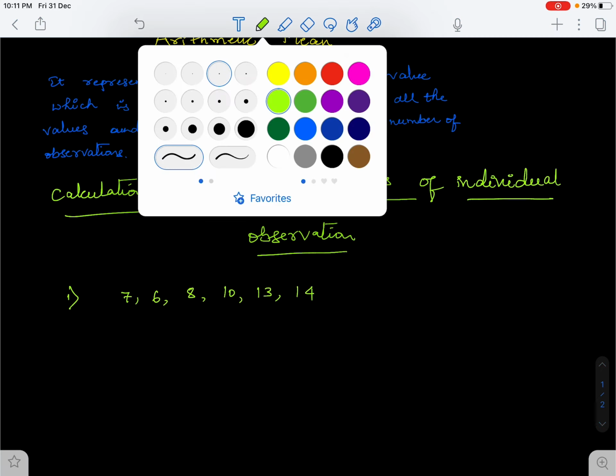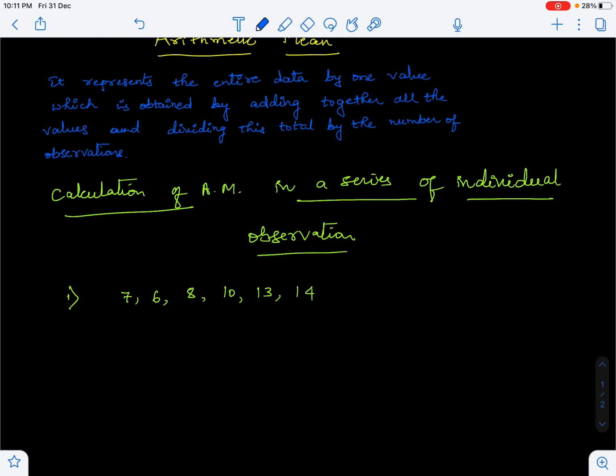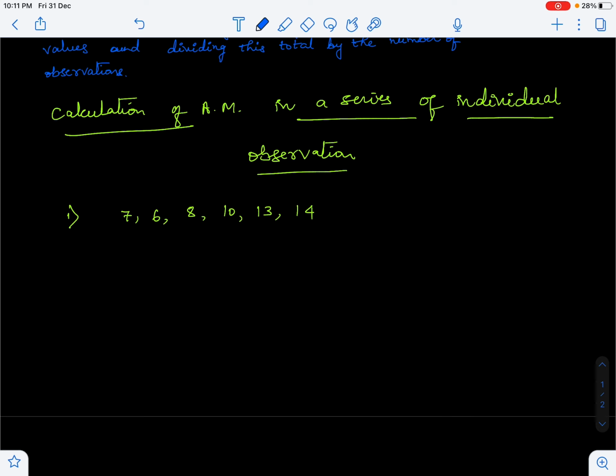To find the arithmetic mean of this set of observations, it is the sum of all observations divided by the number of observations. This method is called the direct method.